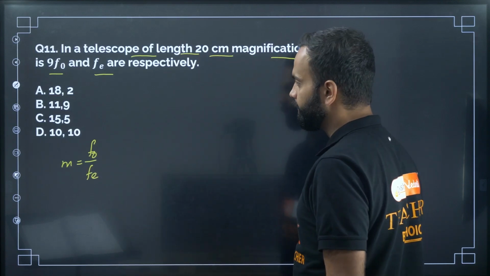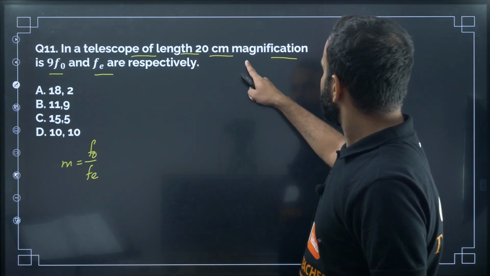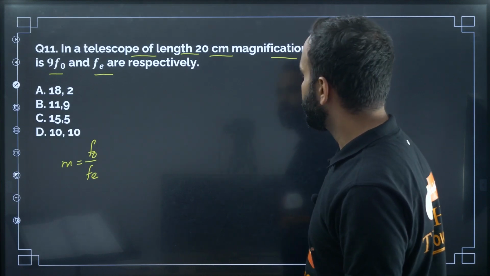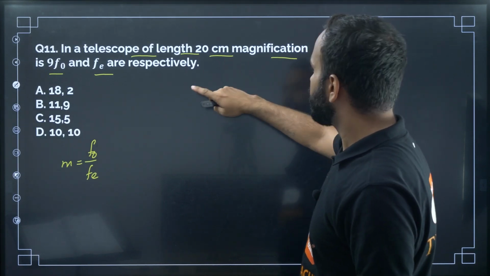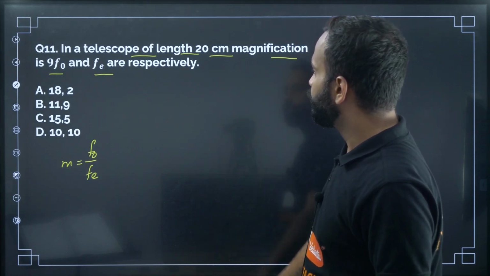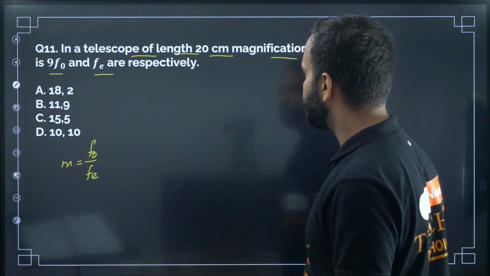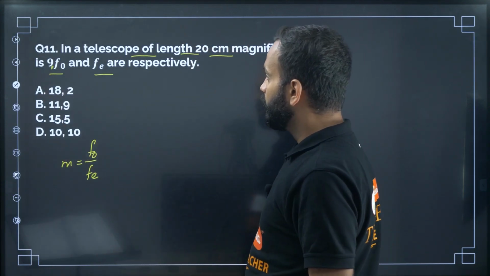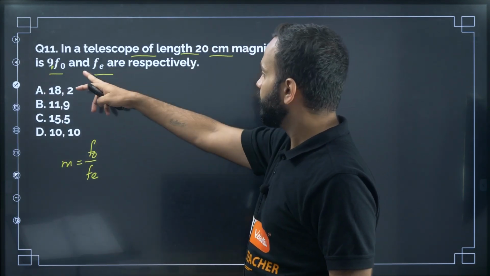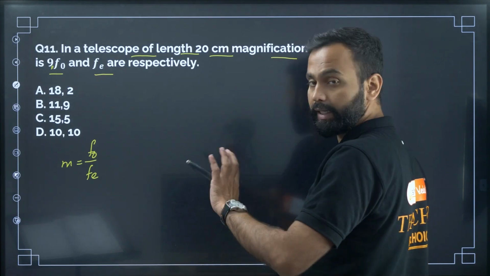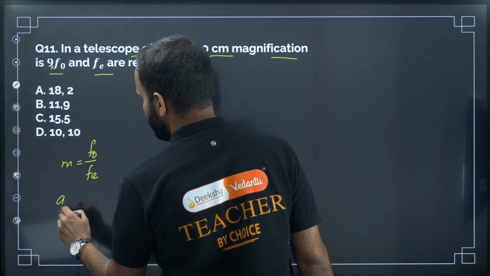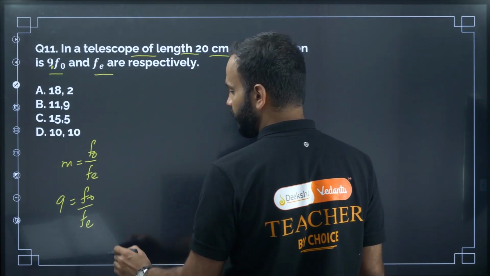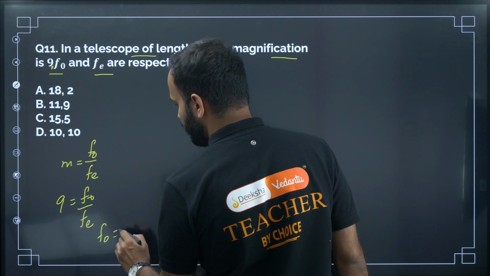Here the magnification is 9, not 9FO. We need to find the values of FO and FE. So 9 equal to FO divided by FE, so FO is equal to 9FE.